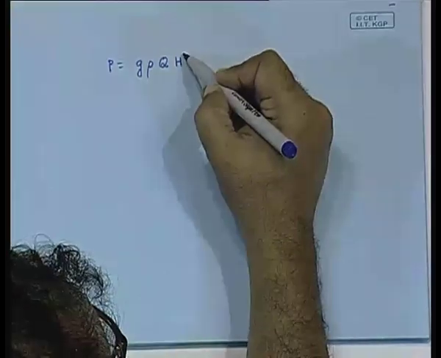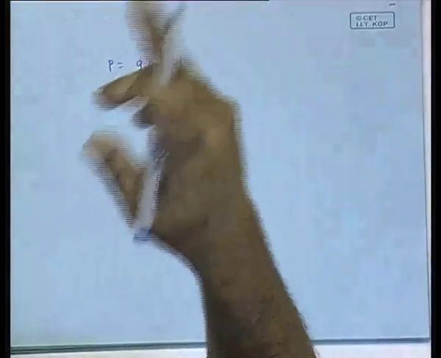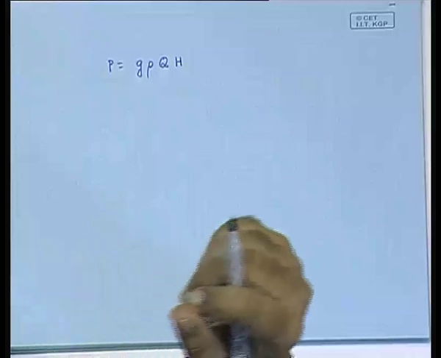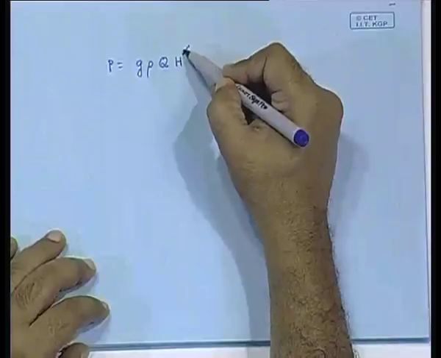Now, H is essentially the head that you get, which means you need to look at the difference in levels at which you can create 2 reservoirs. Whether it is possible to create a reservoir or not obviously depends on the geographical characteristics. So, once you look at this carefully, you get an estimate of H.